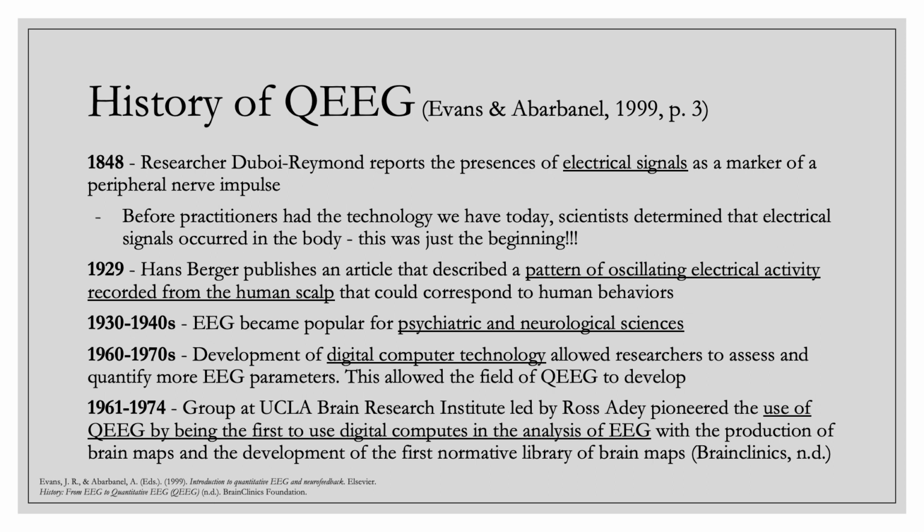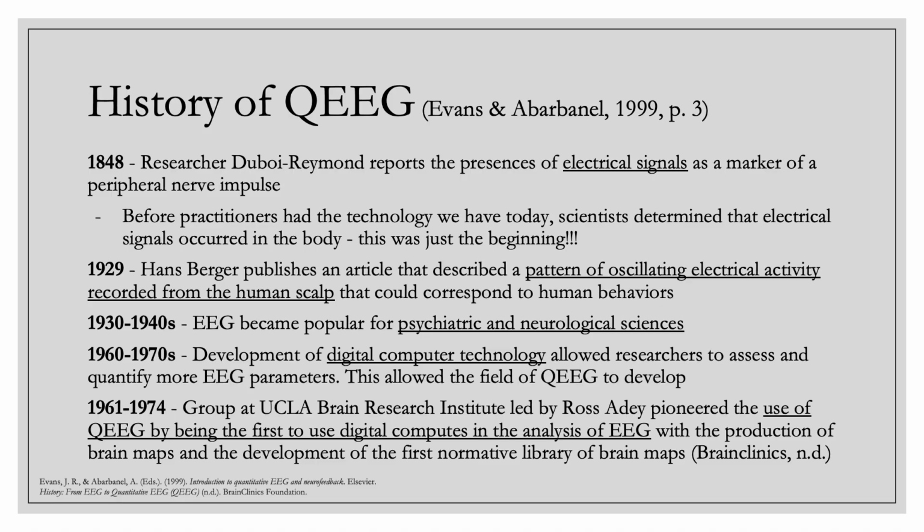Then in the 1930s to 40s, EEG became more popular in the psychiatric and neurological sciences. Individuals started to realize, hey, maybe we can use this data to help people with psychiatric conditions, or to help people reach higher levels of performance and become more elite performers.